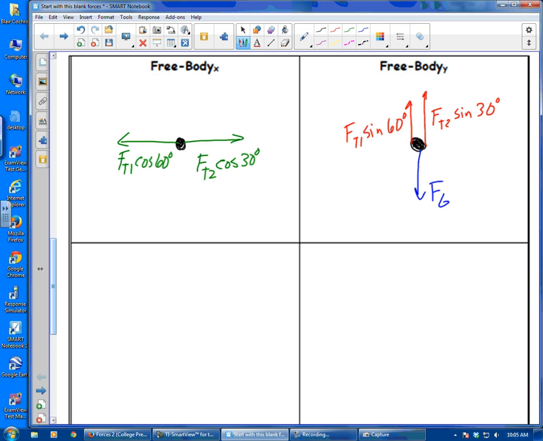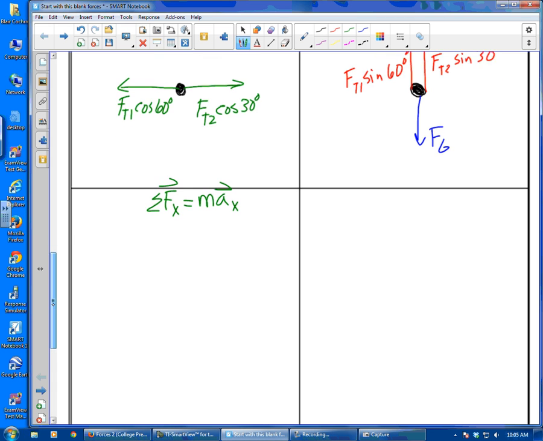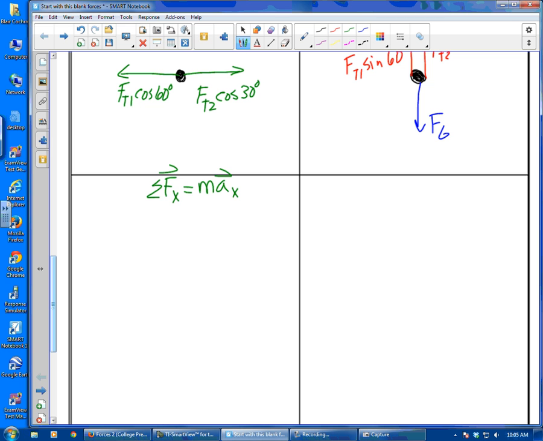I'm going to start on the x side here, and of course I only have the one equation in this whole section, and now I've got the sum of the forces in the x equals ma x. I know my a is 0 because all these are static or not accelerating.